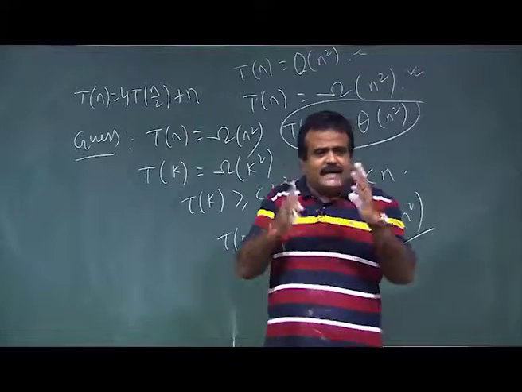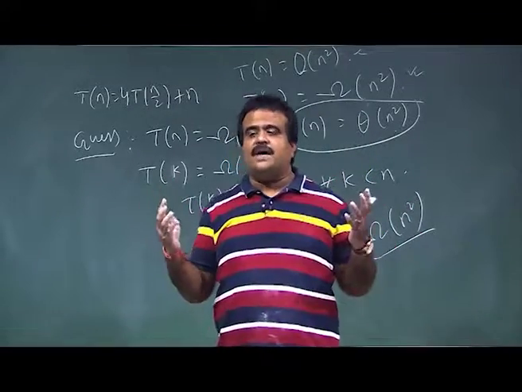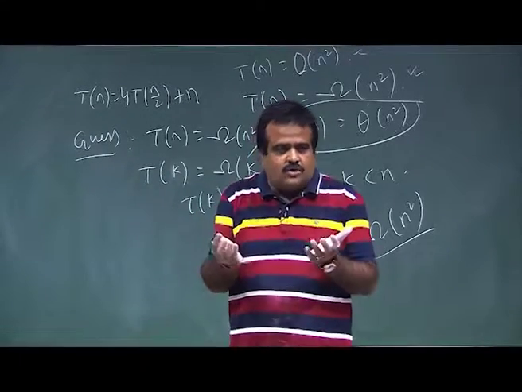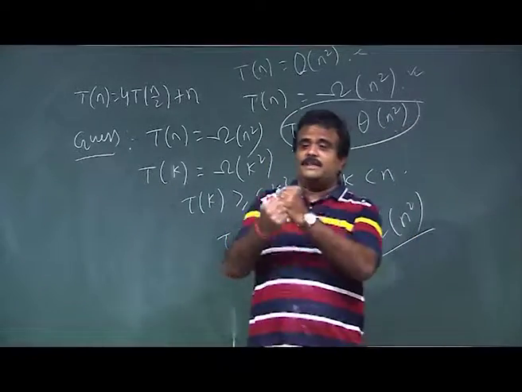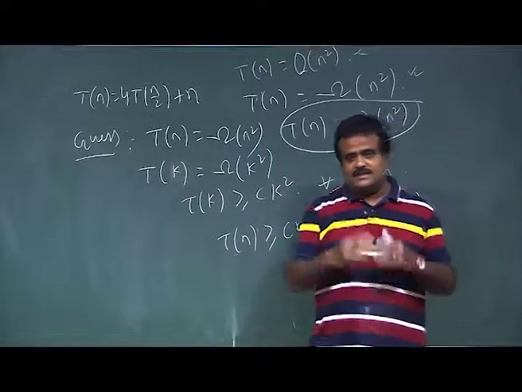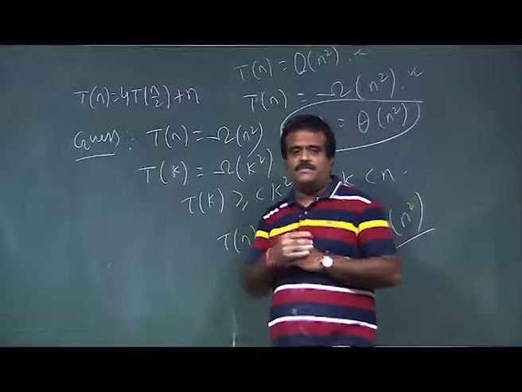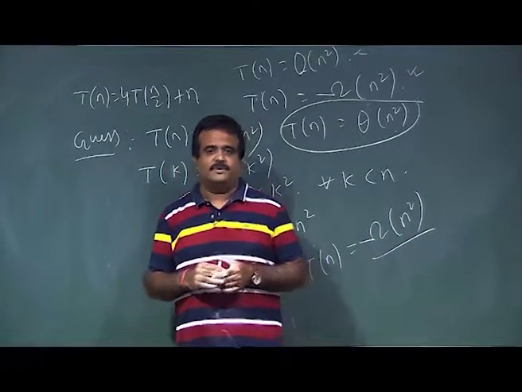So, how to get a guess? For that we can take help of the recursive tree, and once we get a solution from the recursive tree, we can justify it using mathematical induction. That is the substitution method. Thank you.